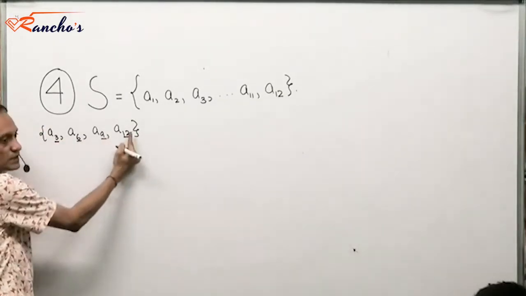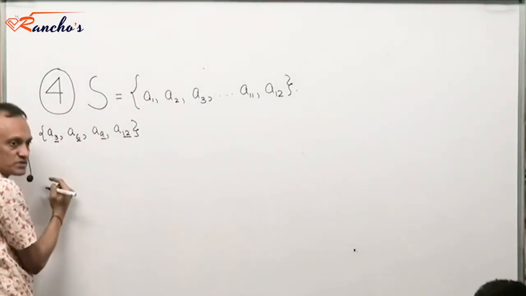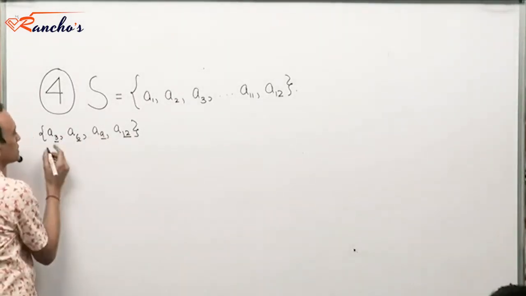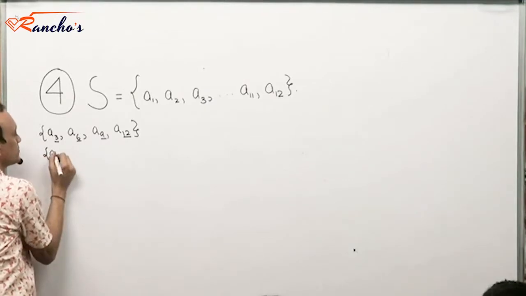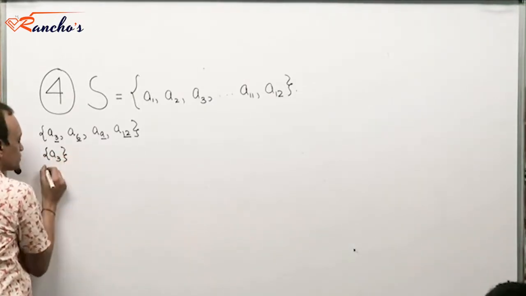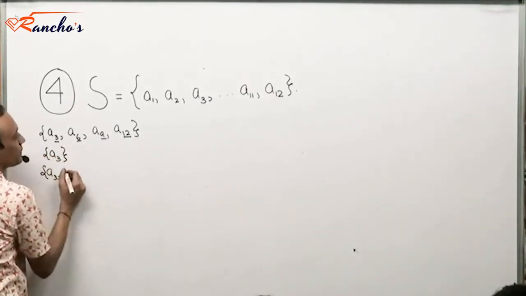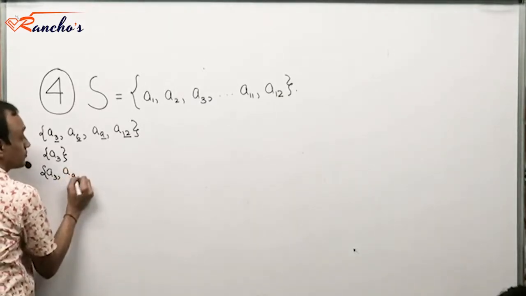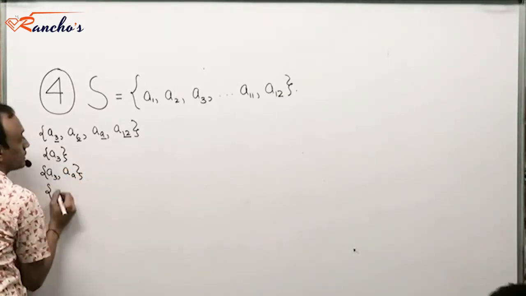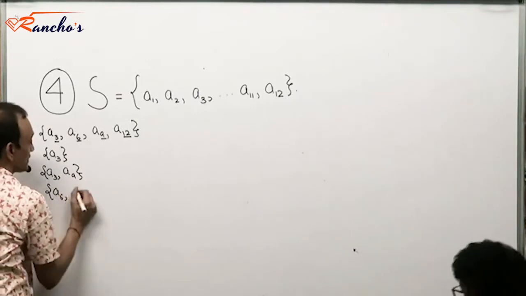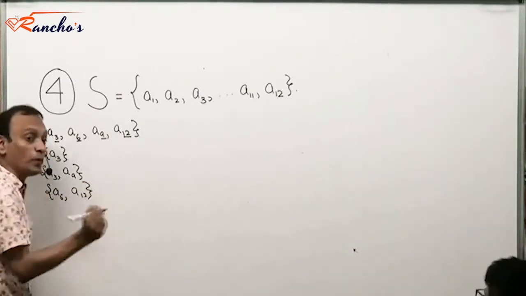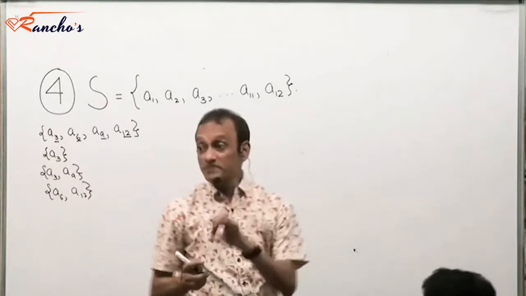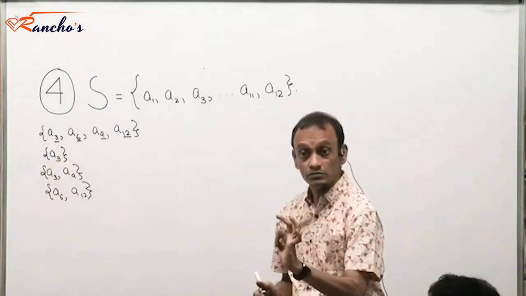All of the subscripts are multiples of the smallest subscript. It could have been like this, or simply A3, or say A3, A9. It could have been A6, A12, and so on and so forth. All possibilities.